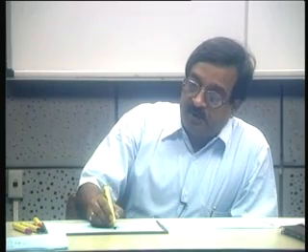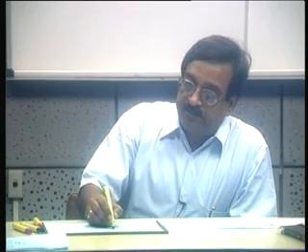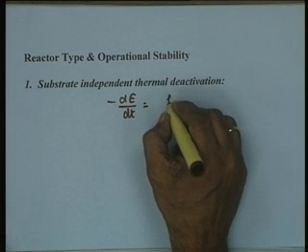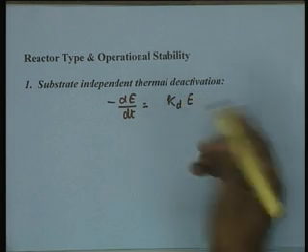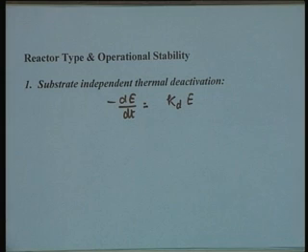Obviously, if it is independent, irrespective of the substrate concentration in the reactor, the inactivation rate is constant, which can be easily given by minus dE over dt equal to kd into E, a first order decay rate constant, that is what we are familiar with.